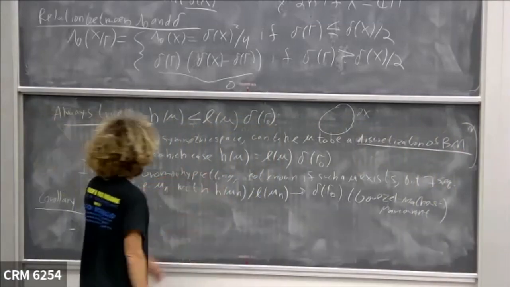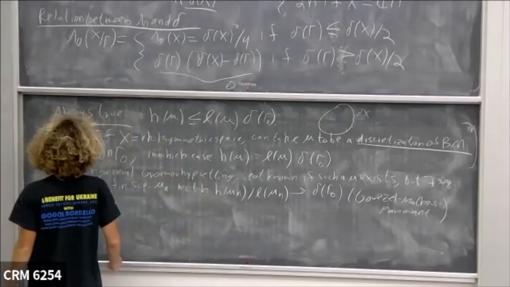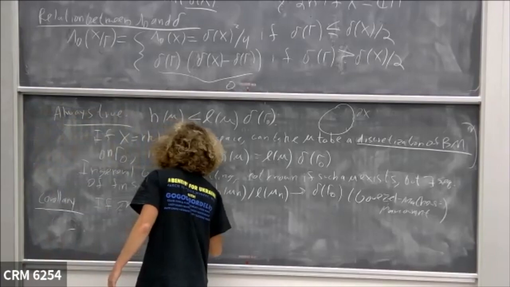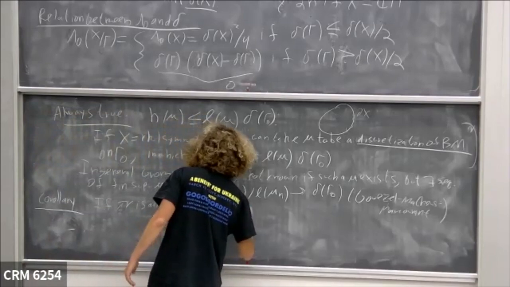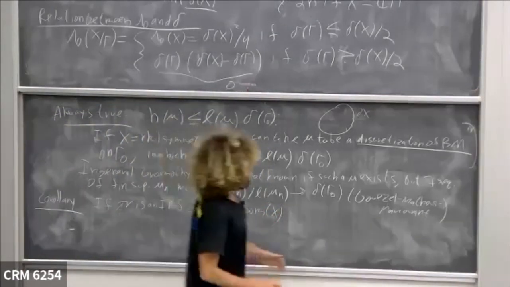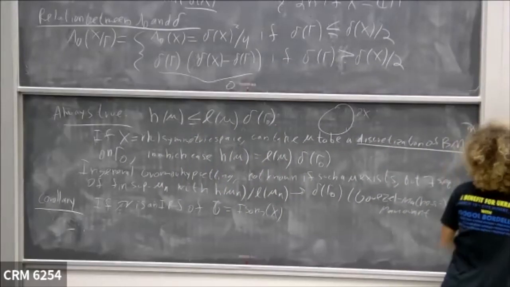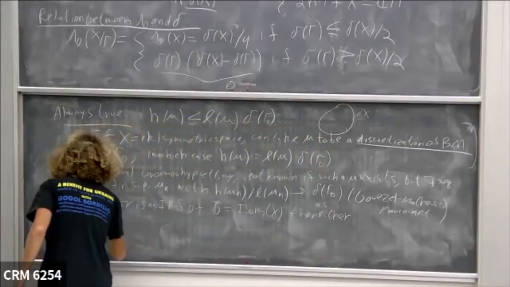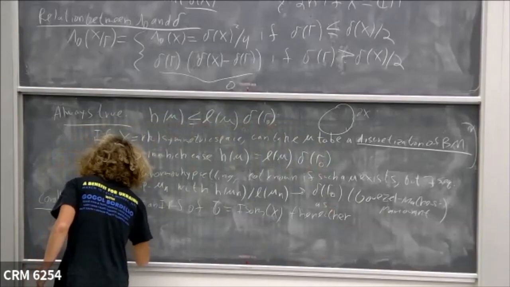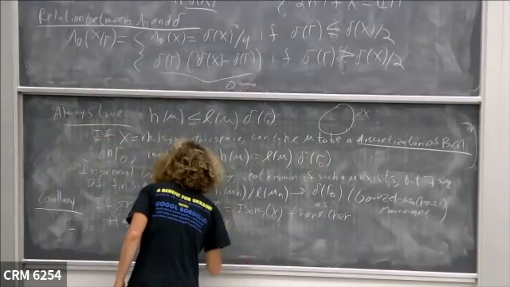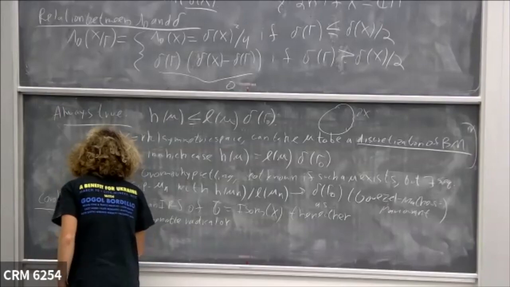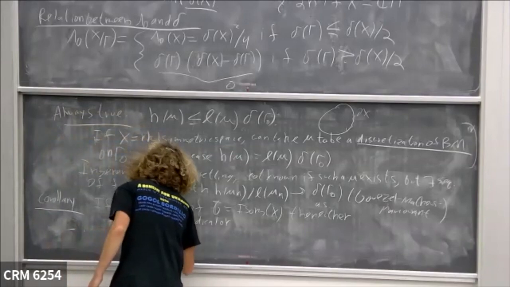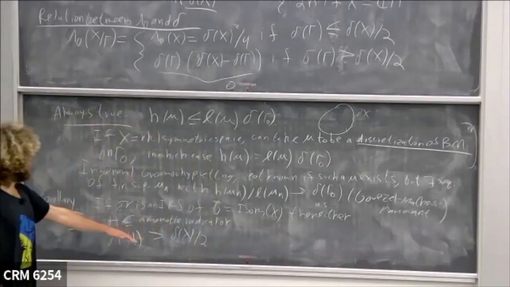They're conjugation invariant measures on Sub G. If mu is a measure on G equals Isom X, where we're in the setting of this theorem, then almost surely either H is in the amenable radical, or delta H is greater than delta X over 2.